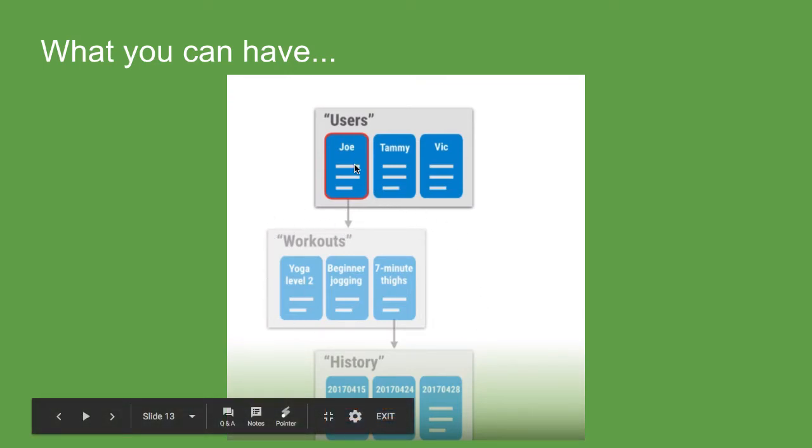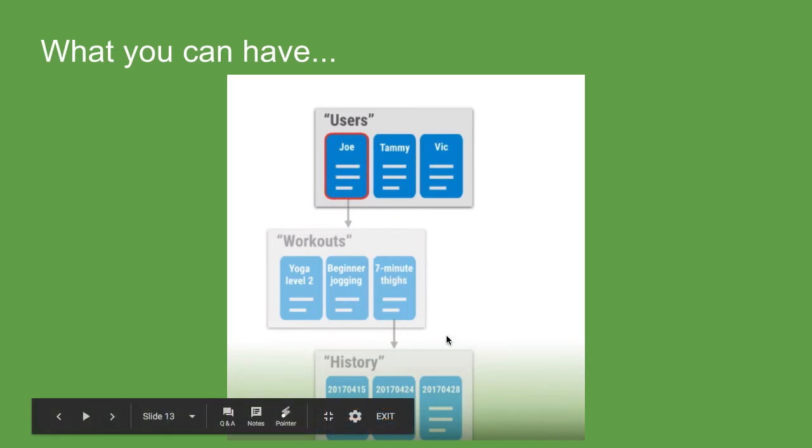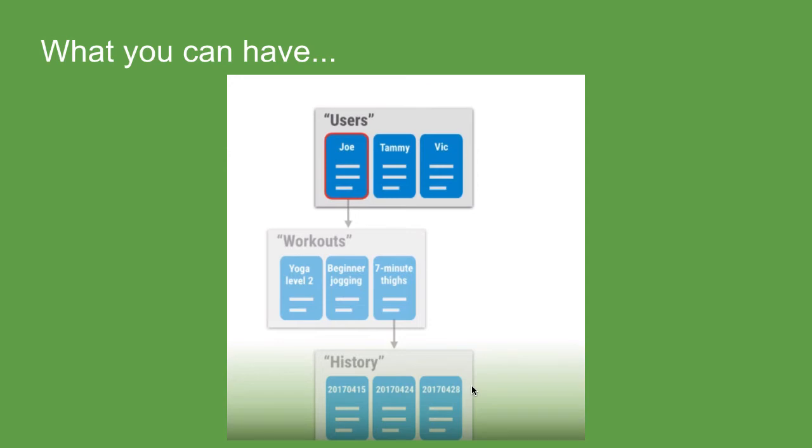So let's say I want the workouts of Joey. I'll point to the collection of workout documents that Joey has, and it goes on and on and on. That's really simple to see, I hope.